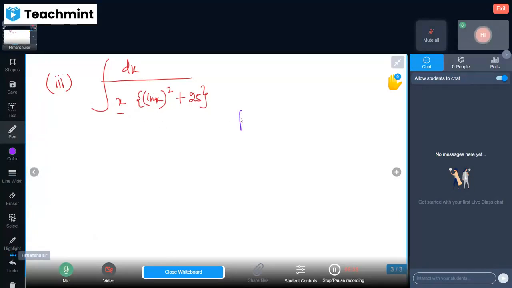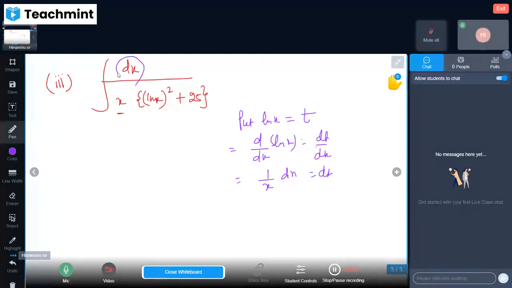So put ln x is equal to t. Okay. So now the derivative d by dx of ln x is equal to dt by dx. What does it mean? 1 by x, and converting, dx by x is equal to dt.